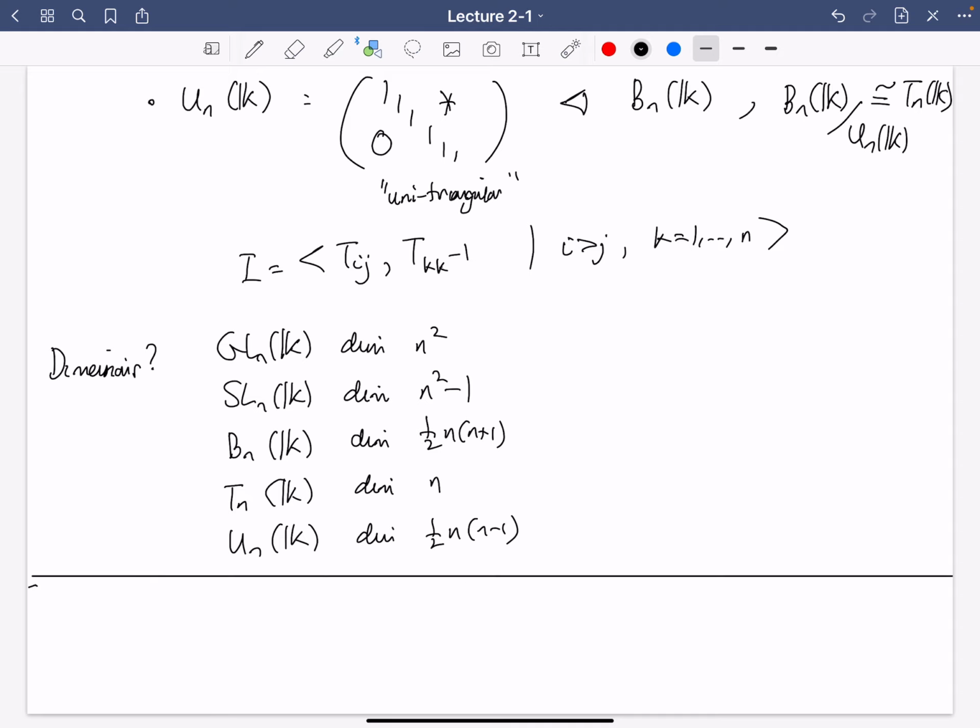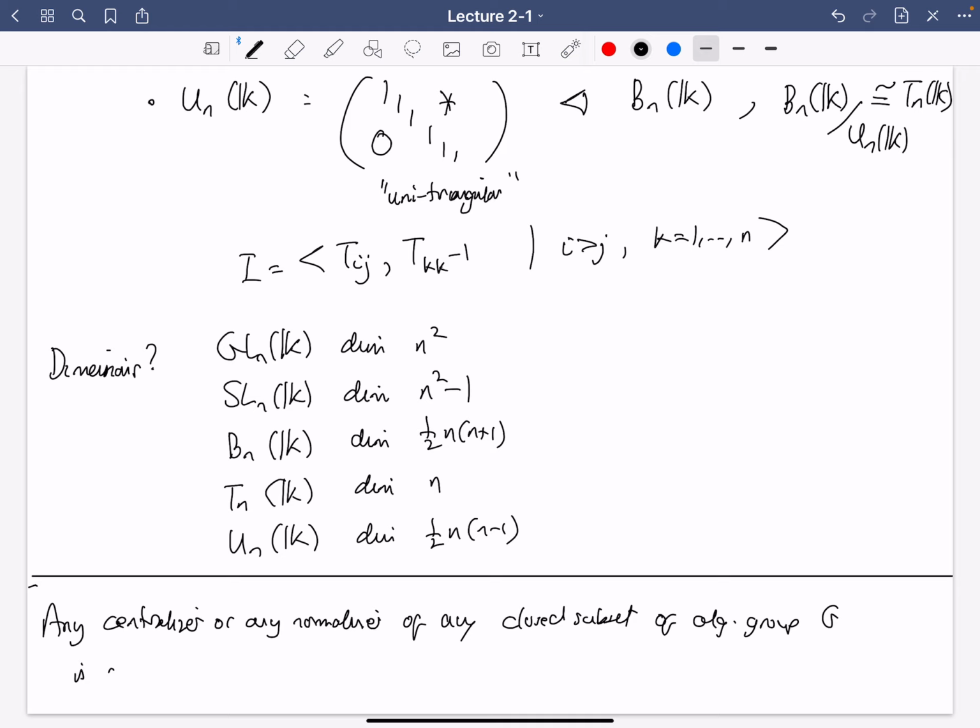Okay, I'm just trying to write a list of a whole bunch of examples, so maybe the next one, I'm not going to prove this, but you can think about it. Any centralizer or any normalizer of any closed subset of an algebraic group G is a closed subgroup.